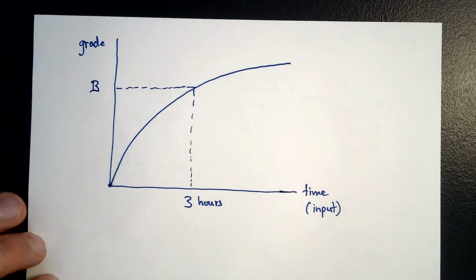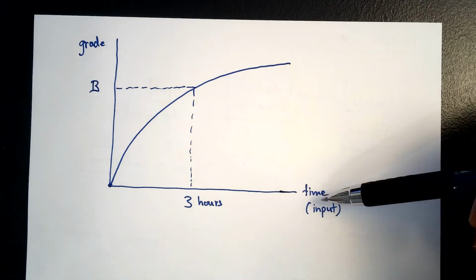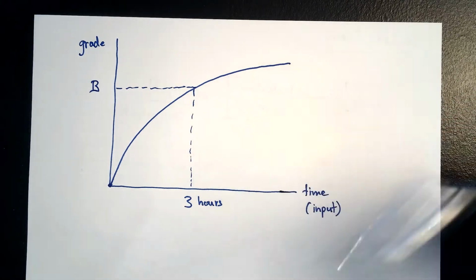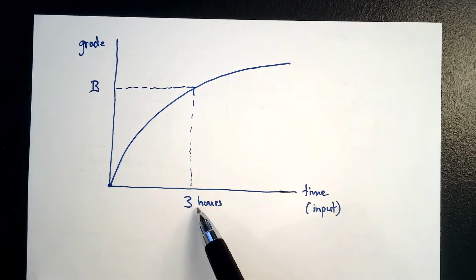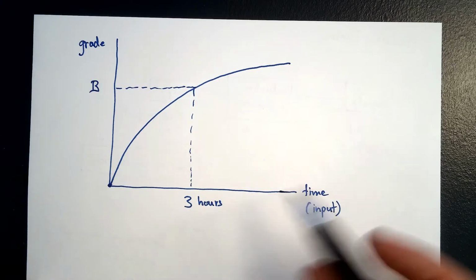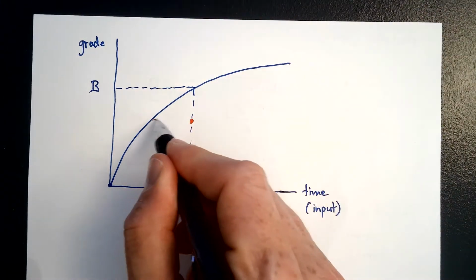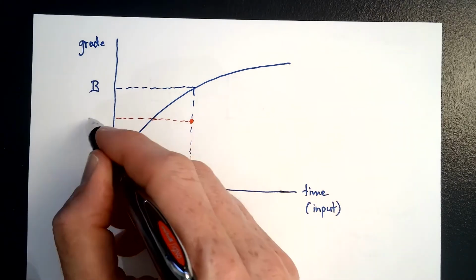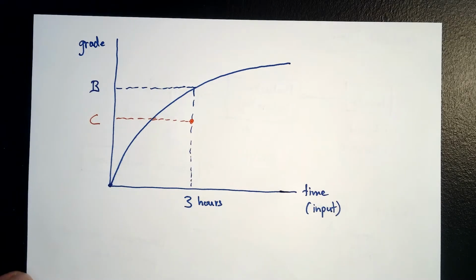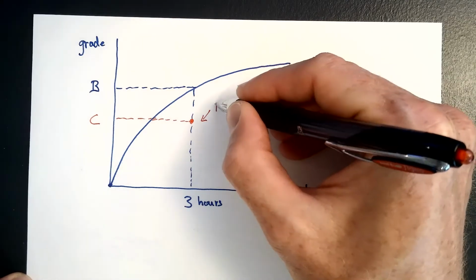Now, suppose that you are listening to music while you are spending time studying for a class. And suppose that the music distracts you, then despite the fact that you are spending 3 hours on studying for a class, you only get a C. Now again, this point is inefficient.